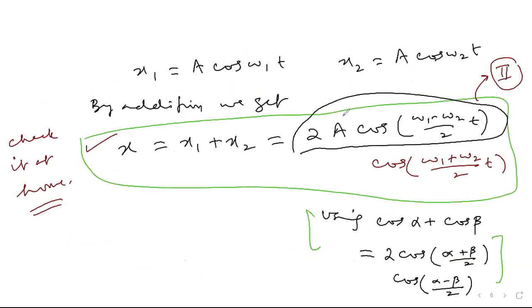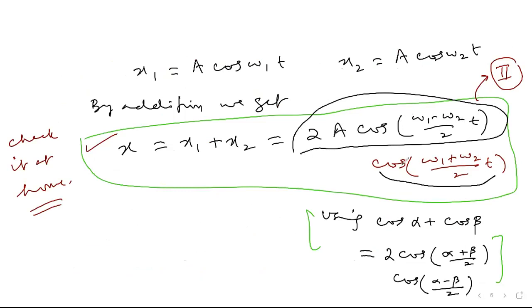This is our equation second. This is the amplitude which periodically changes with time, and this factor is slowly changing because omega 1 minus omega 2 is small compared to omega 1 plus omega 2.